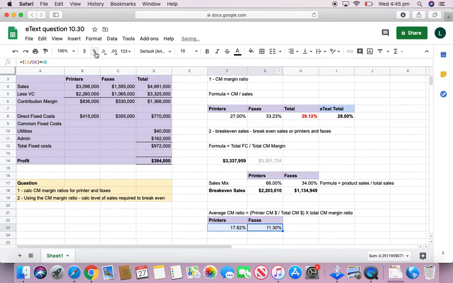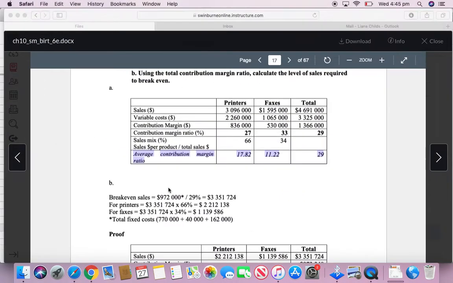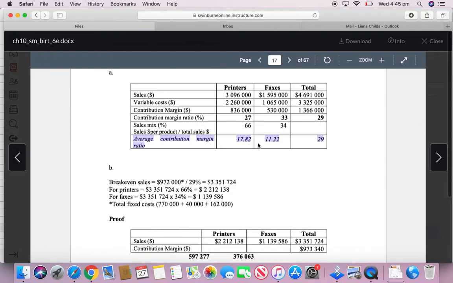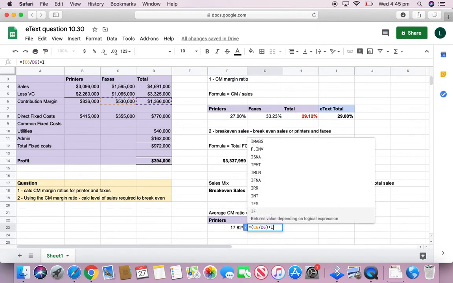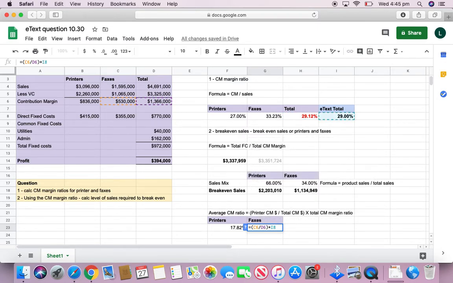Let's change that to a percentage. Flip back over, 17.82, 11.22. Close enough, I think. Let's see what happens if we change that to I8. So we're using the eText one. There we go, that's more like it. So I think the eText solutions are correct, but they're a little bit all over the place.